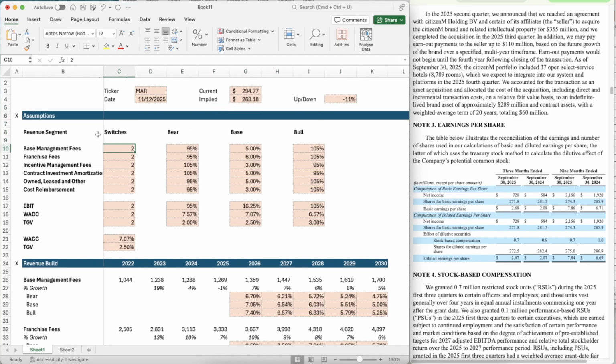Let's look at the bear case. So 193. If we were to put this onto a bullish scenario, about 372. Okay, so on the bullish, there's a significant amount of upside there.